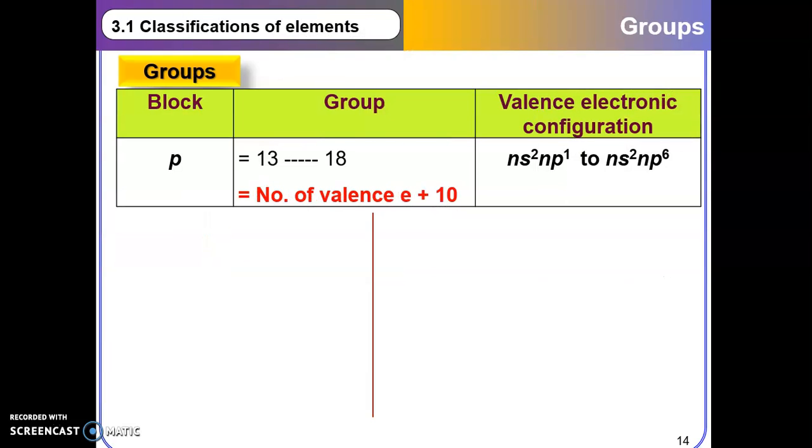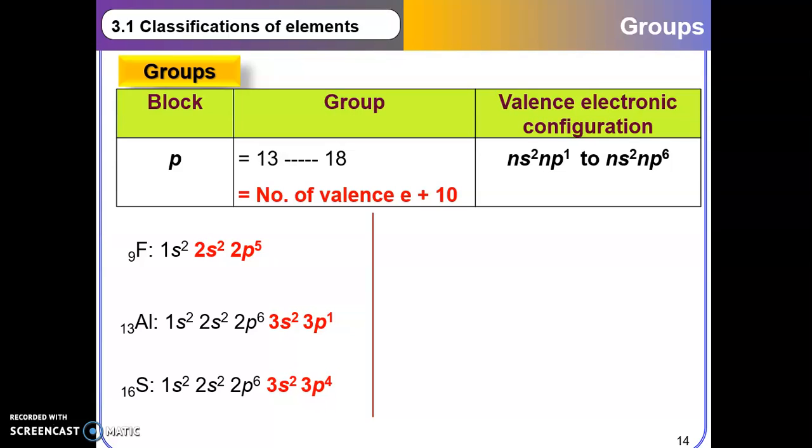What about P block elements? For P block elements, the group number will be the number of valence electrons plus 10. Let's have a look here. For fluorine, 1s2, 2s2, 2p5.